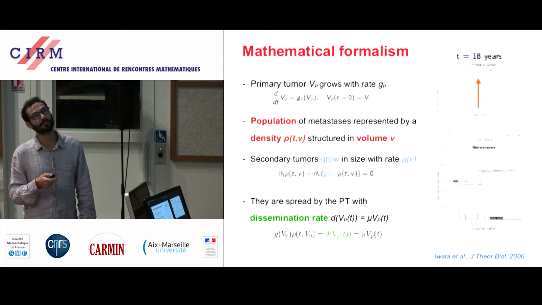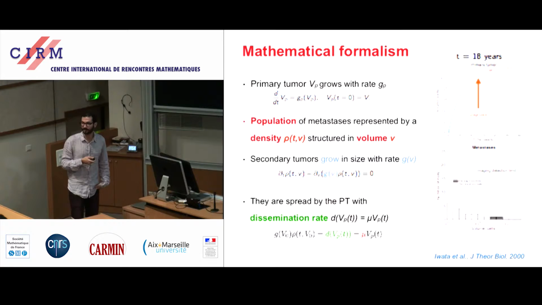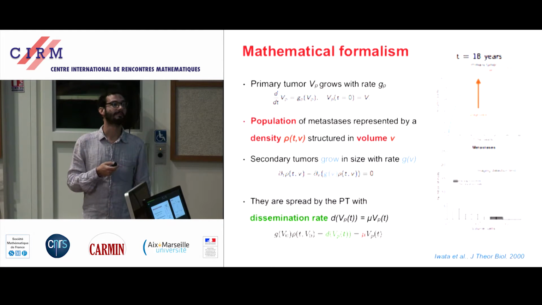Anyway, so here you should see a growth flow, Gompertz growth flow, for the primary tumor. And the important thing is that the metastases are formalized mathematically by a density rho structured in volume V. So rho of t and V is something like this.